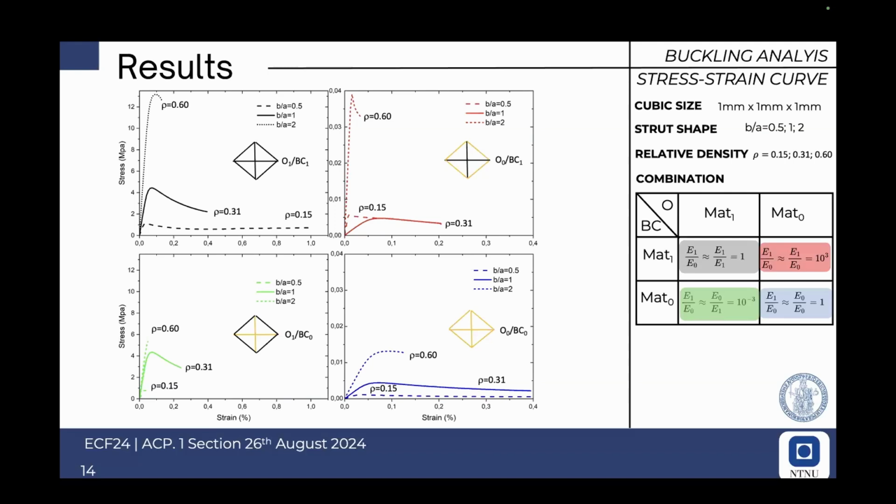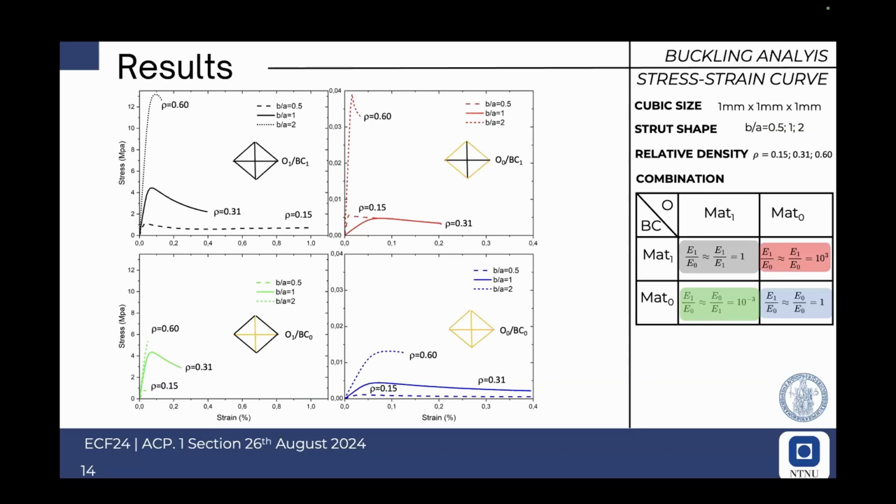What we can observe overall from this preliminary study is that if we increase the density, we have better mechanical performance, so higher stiffness and strength. Then we may observe that in the case of a BCO created by a cubic that is soft and an octet that is stiff, even if we increase the relative density, the stiffness doesn't change too much.